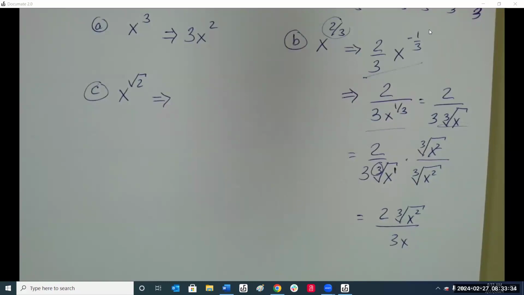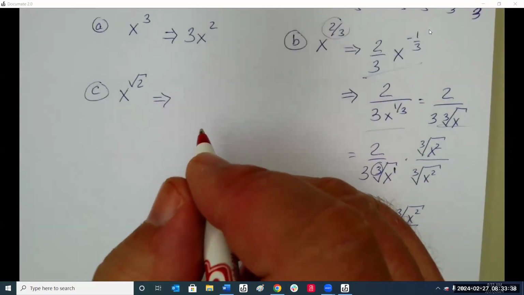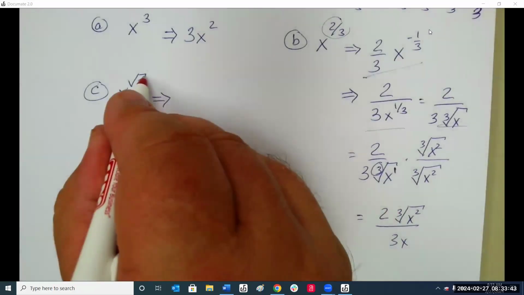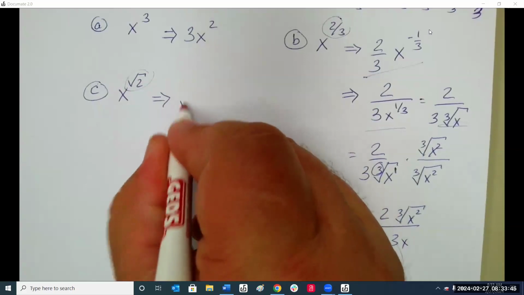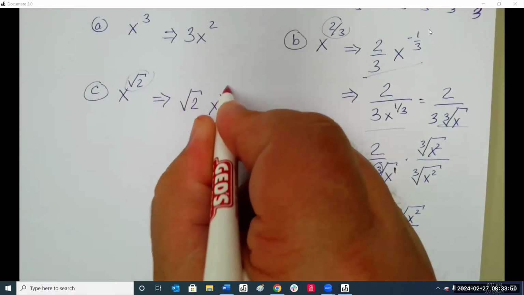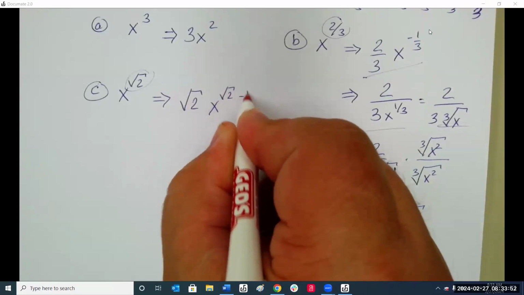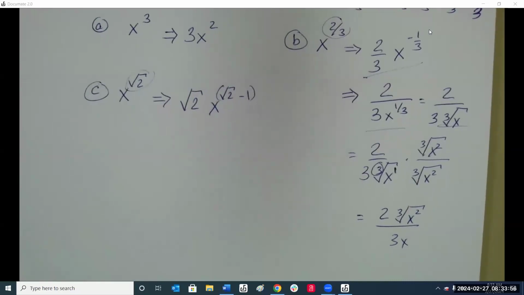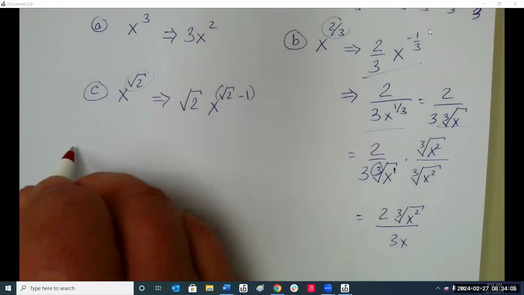It's only 2 steps, ladies and gentlemen. What's the first thing you've got to do? Bring down the exponent, and then subtract 1 from the exponent. There you have it. That's all you need to do. The square root of 2 is going to be 1 point something, a decimal, so leave it like that.